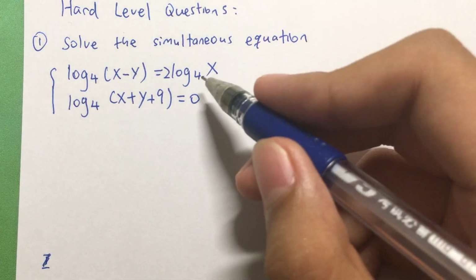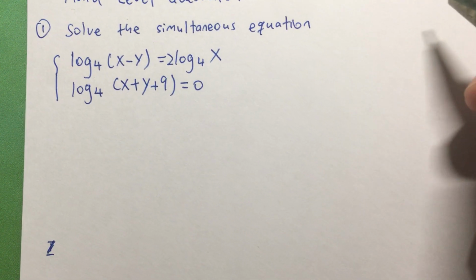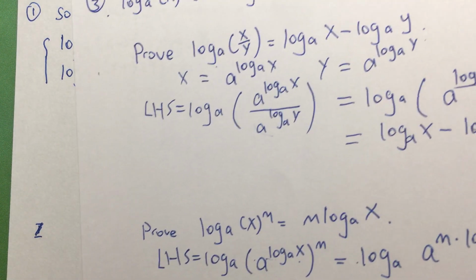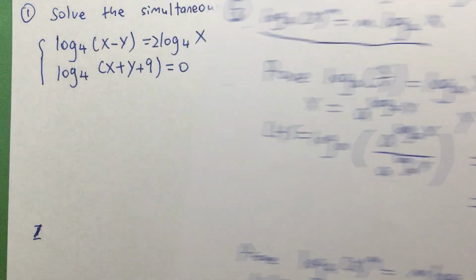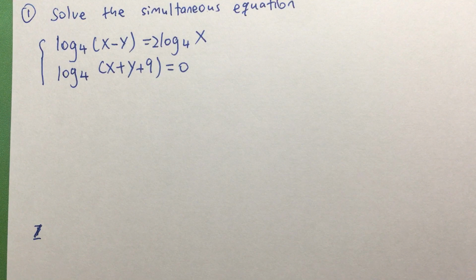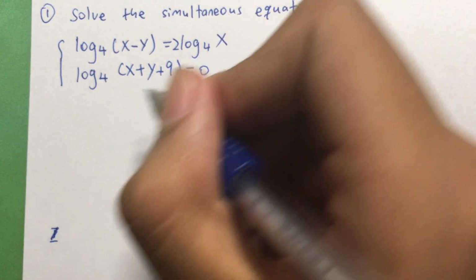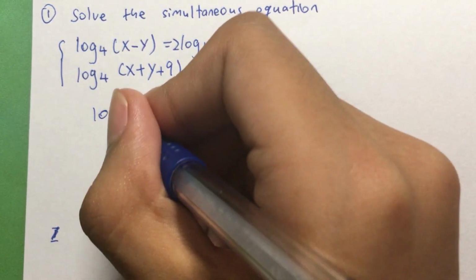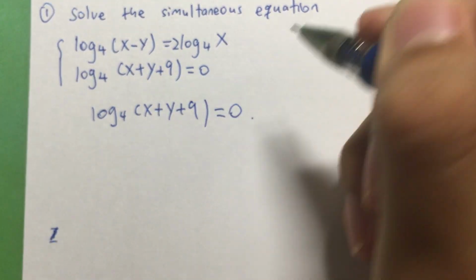So we should change it into a form that we are very familiar with. So how do we change? Well, let's use the power law here. Well, actually not the power law, it's a lemma. Let's just do it, because we know log 4 of (x plus y plus 9) equals 0.